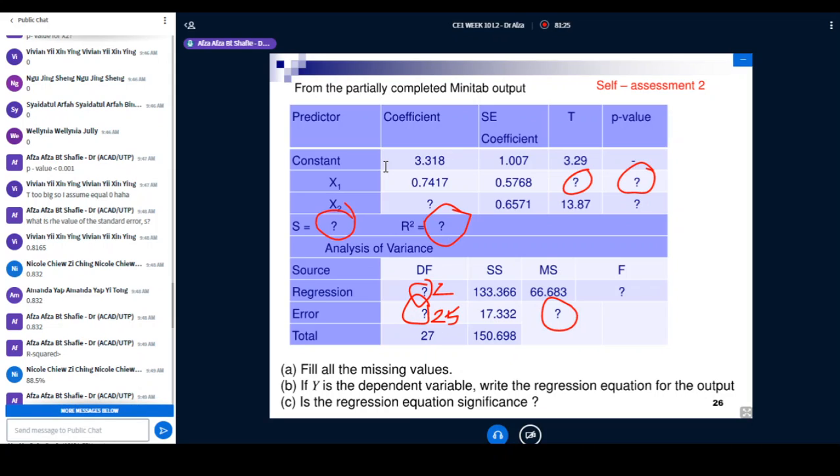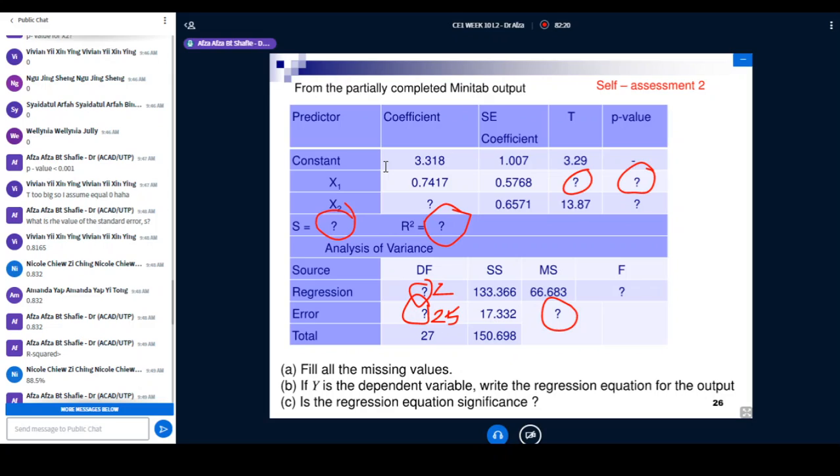Then part C, you do the ANOVA, the hypothesis test, using the ANOVA followed by the t-test, because one of the x values is not significant.